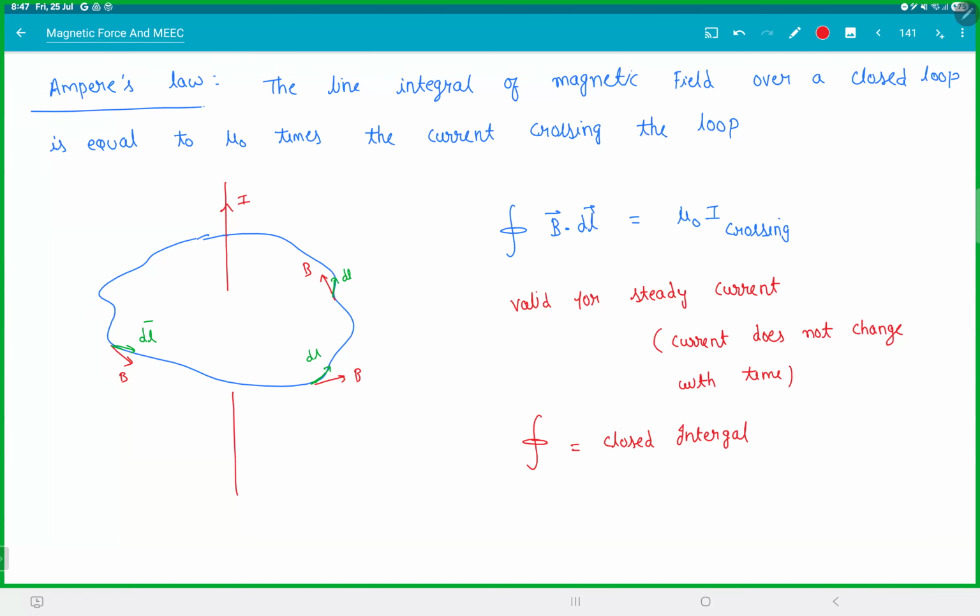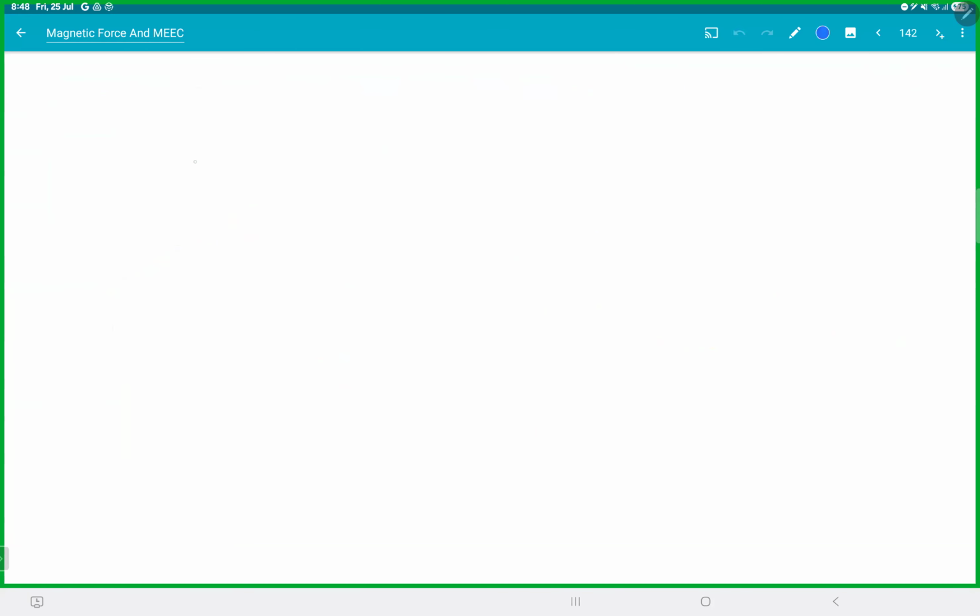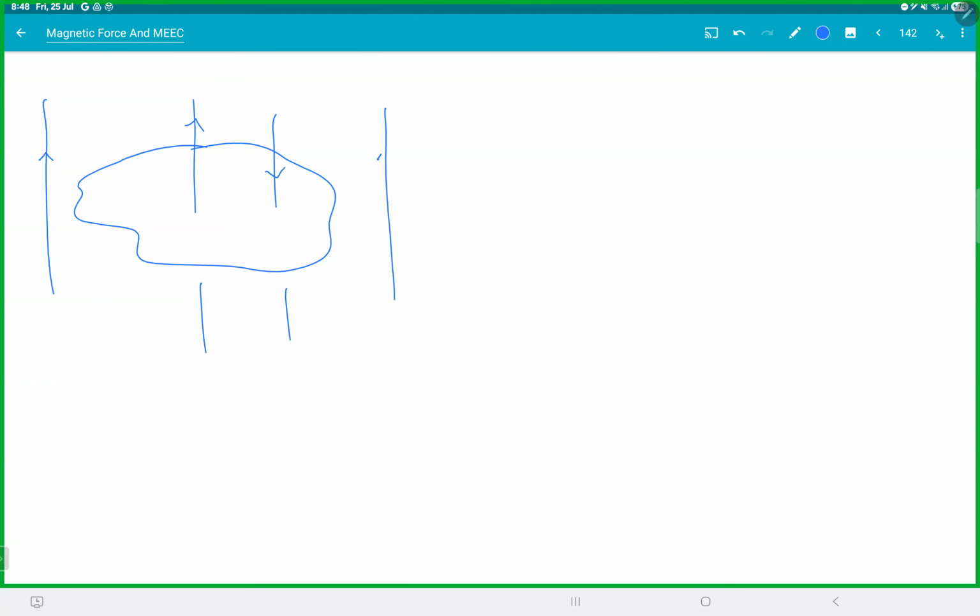So let me give an example. So if you got a loop, let's say there are multiple wires, I1, I2, I3, and I4. What Ampere's law says is integral B dot dl will be mu naught I crossing, just like Gauss law.